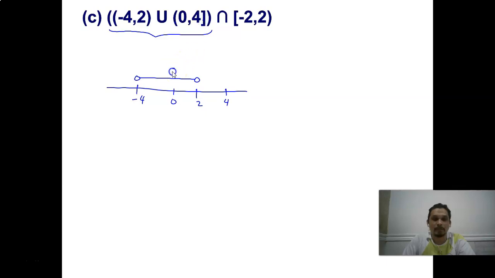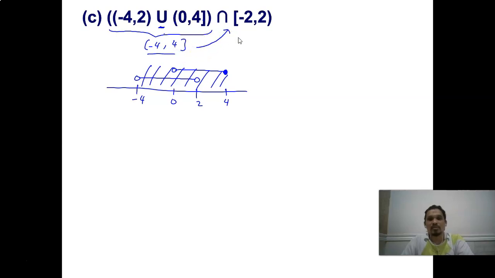Close bracket. Okay. And the sign here is union. Union means all. So for this part here now, it is from negative 4 until 4.